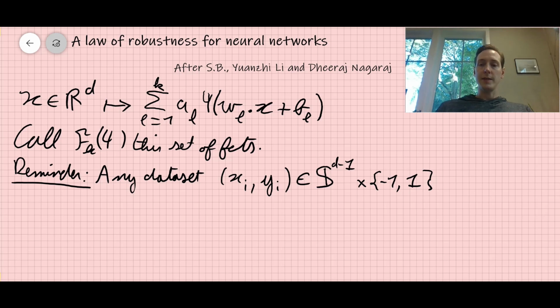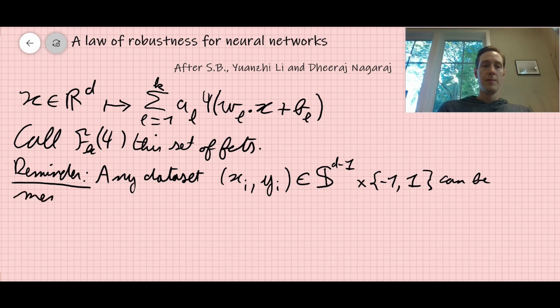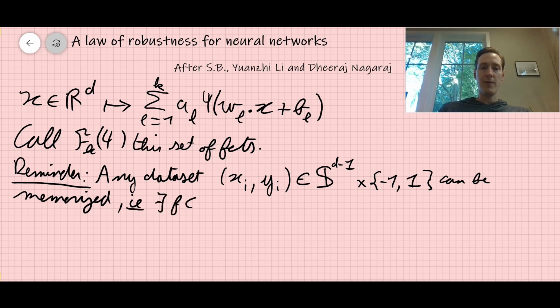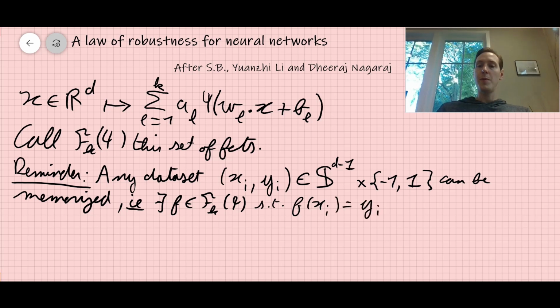So any data set can be memorized, meaning that there exists a function f in my two-layer neural network with k hidden neurons. There exists f in F_k of psi such that f of x_i is equal to y_i. So at any input point, it exactly remembers what the output y_i is.